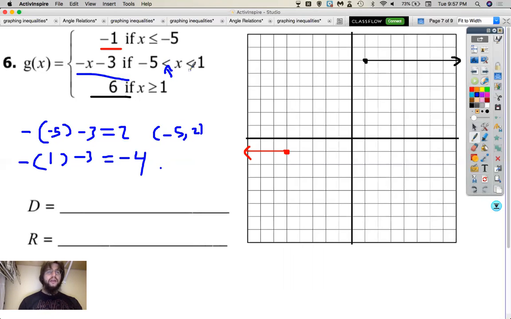Open circles. Put an open circle at -5, 2. Then on this one, it would be 1.